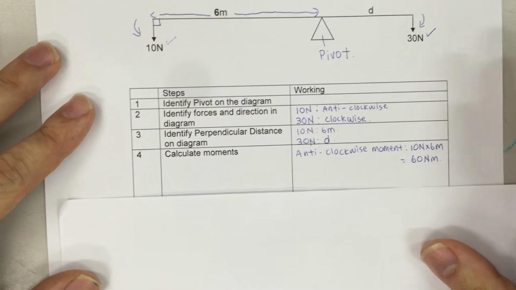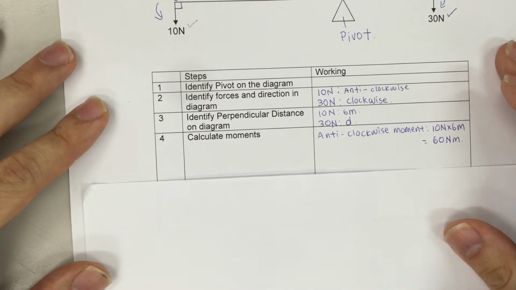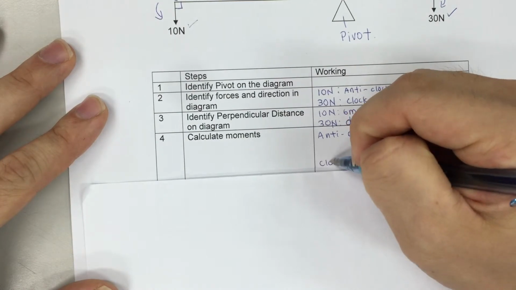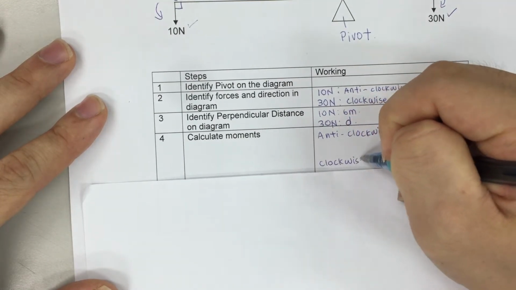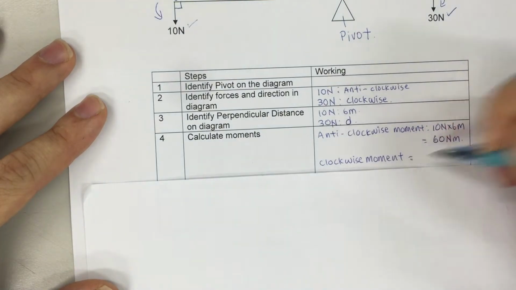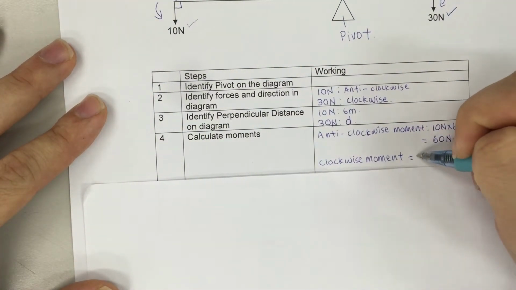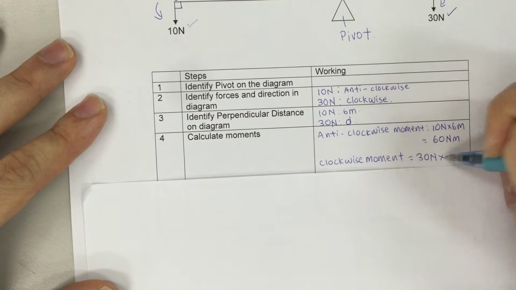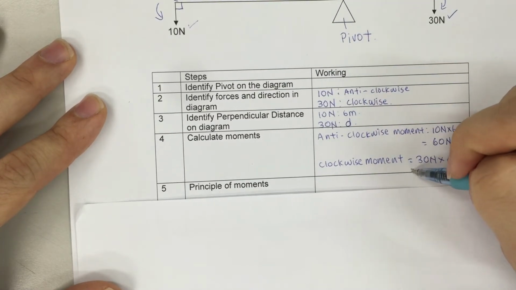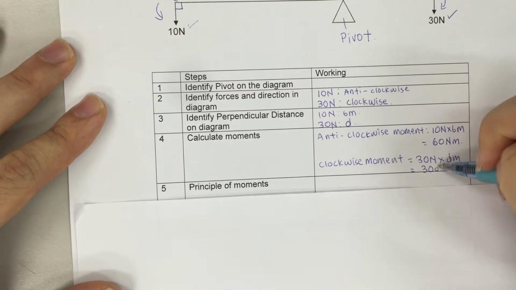So can you calculate the clockwise moment? To calculate the clockwise moment, using the same formula, it will be 30 Newton times d meter, giving you 30d Newton meter.